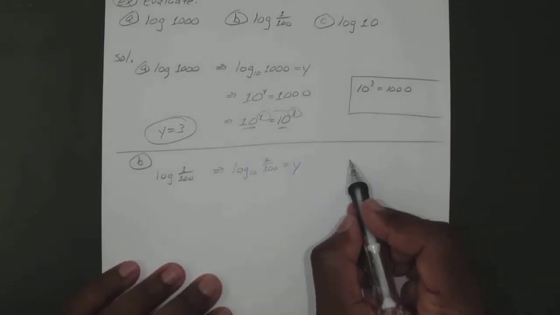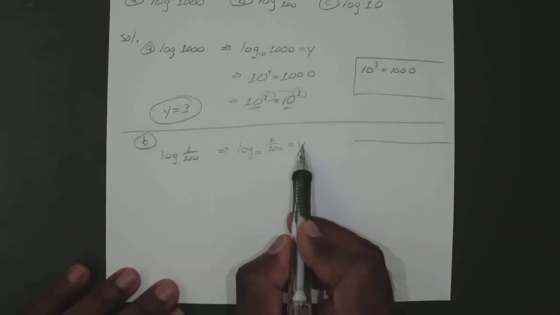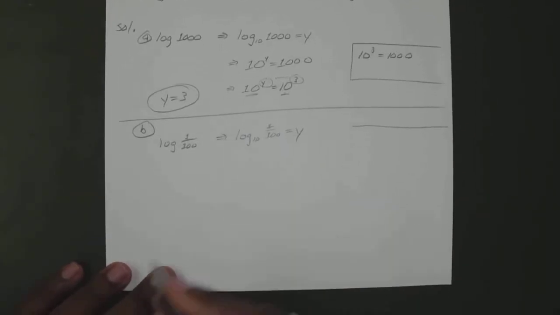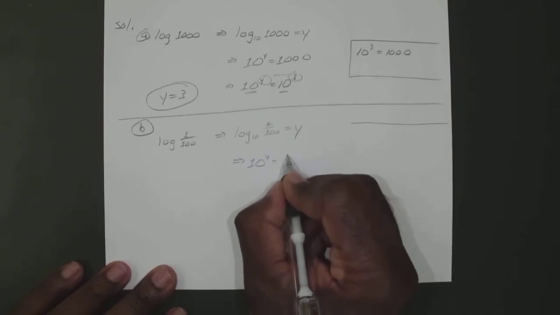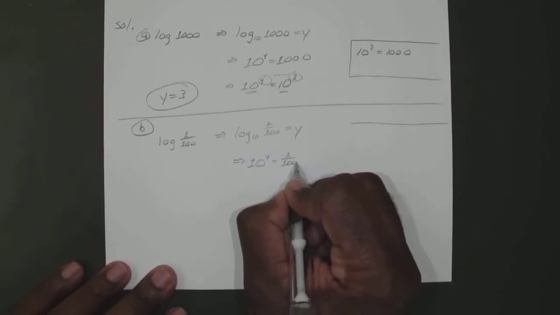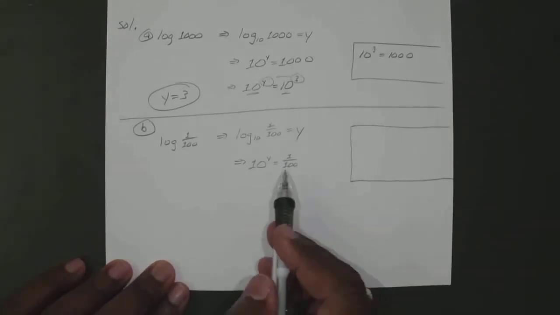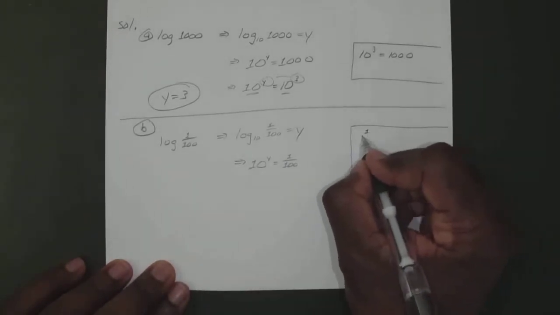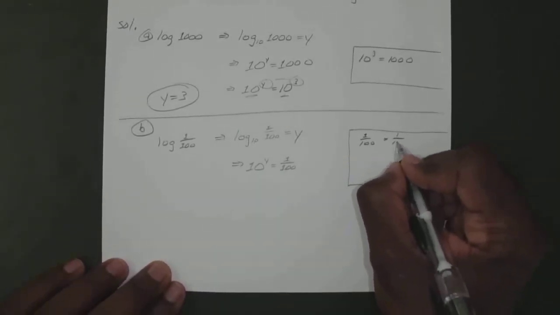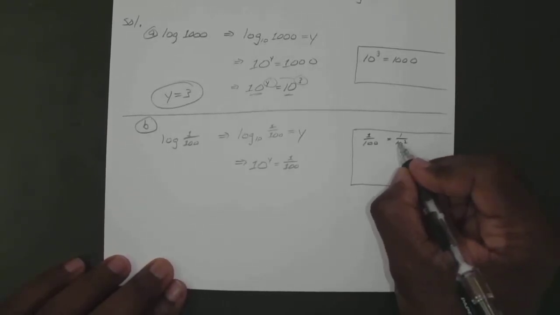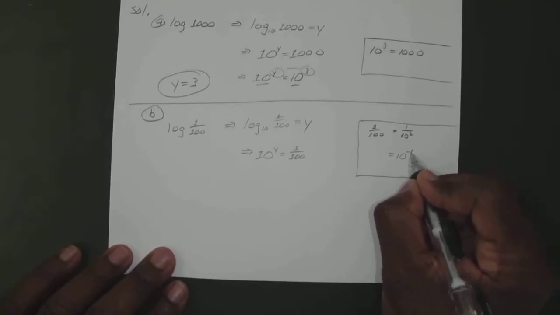Okay, so with this one, we'll go ahead and do the first part first. So you have your base to the power of y equals 1 over 100. So 10 to the power of y equals 1 over 100. Okay, now our 1 over 100, that's equal to 1 over 10 squared, which is equal to 10 to the power of negative 2.